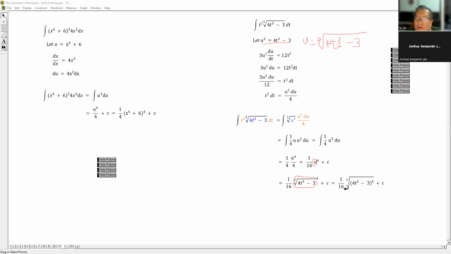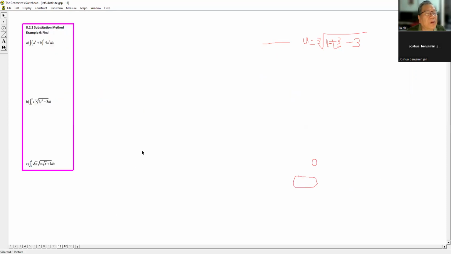So it's the cube root of 4t cubed minus 3 raised to the power of 4. Instead of writing like this, I write it this way, then plus c. So this is integration using substitution.